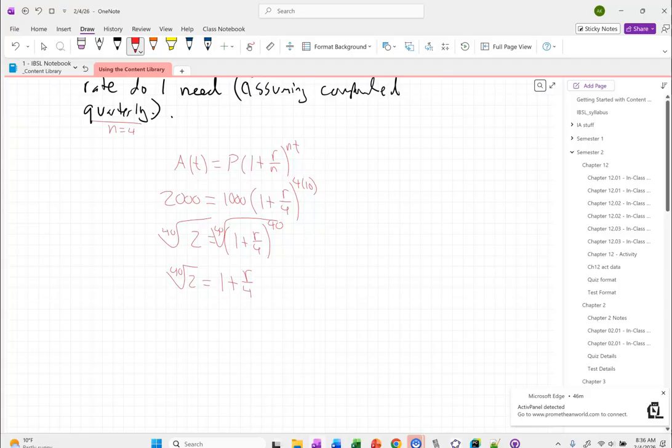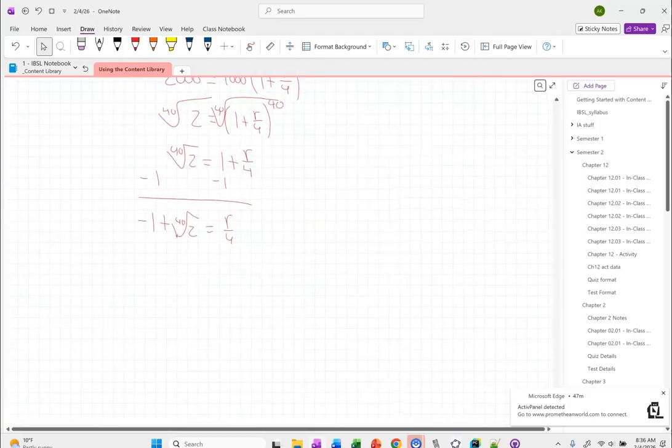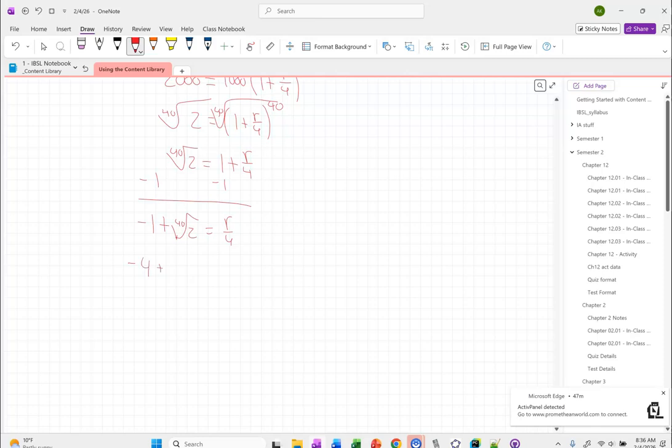Because I want the bigger interest rate no matter what, right? Like subtracting is going to be silly. So we'll subtract the 1 over. And then multiply through by 4. And that should be my interest rate as a decimal.